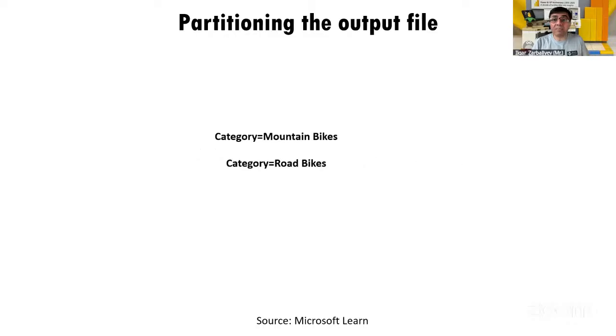The folder names generated when partitioning a data frame include the partitioning column name and value in a column=value format. So the code example creates a folder named bike data that contains subfolders like mountain bikes and road bikes.